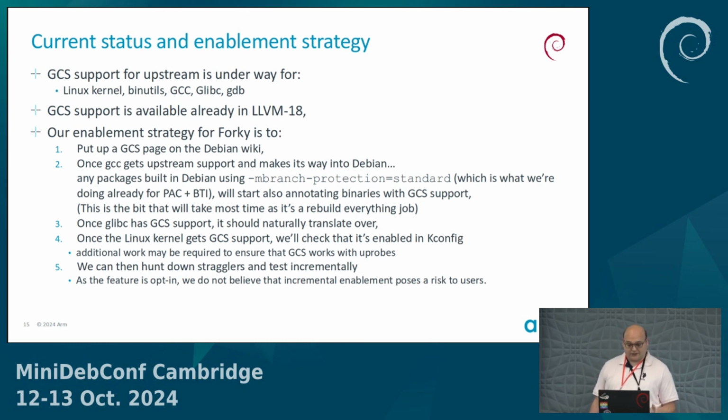And again, for the kernel, we'll keep an eye on it because at the moment, there's a kconfig incompatibility of uprobes, but I suspect that'll be addressed. That's not a biggie. But when GCS is in the kernel, we'll make sure it's enabled in kconfig. And we'll do basically what we've been doing with PAC and BTI. We'll just be going on a bug hunt upstream, my team and others. It's basically finding stragglers and enabling the tech where it's needed.